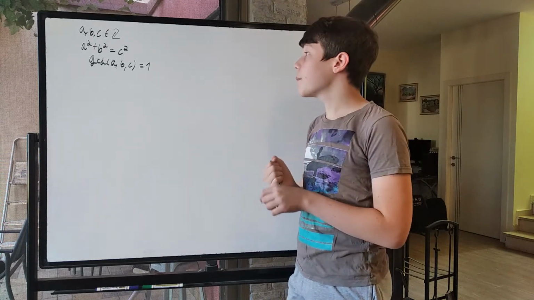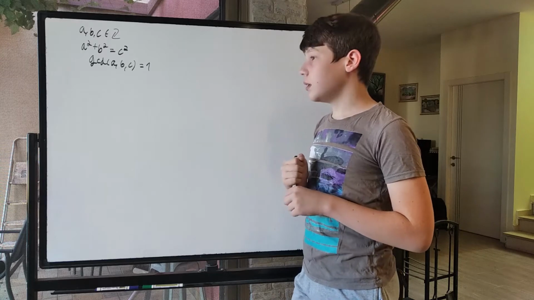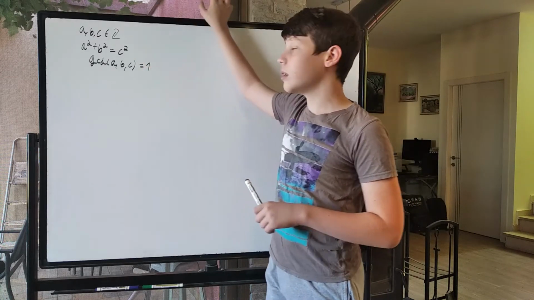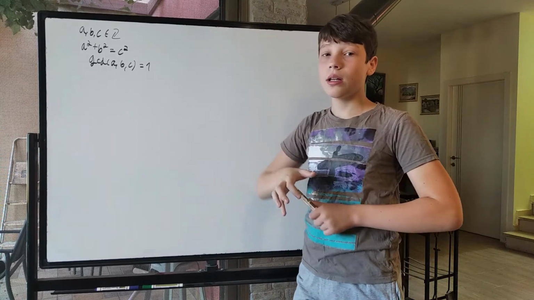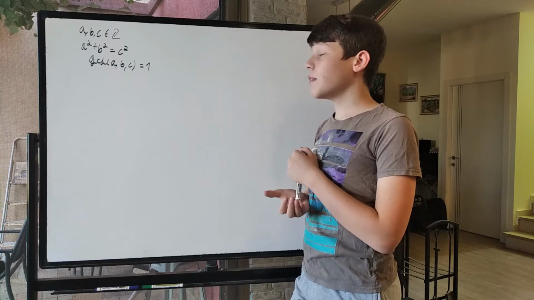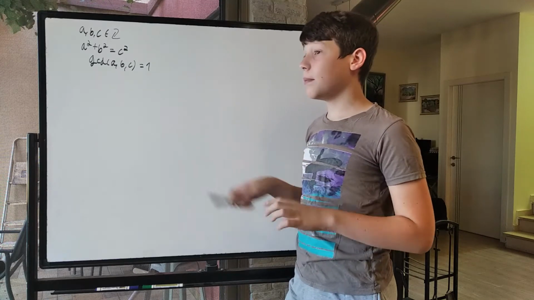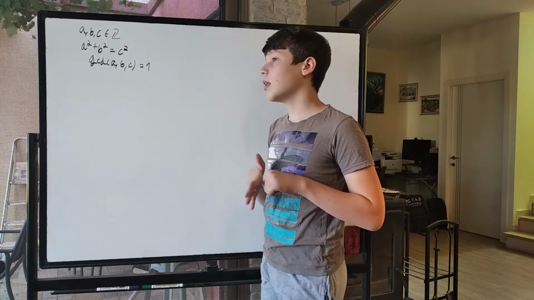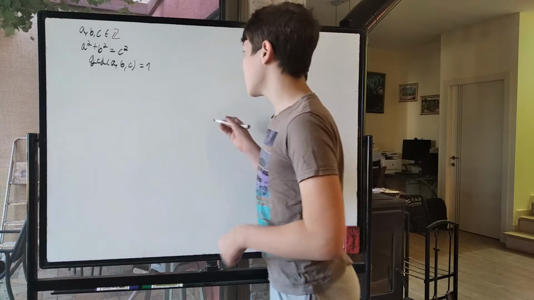Now let's begin. So first of all, let's not rearrange this equation. Let's look at the possibilities we have for even and odd in A, B, and C. So we have four options.